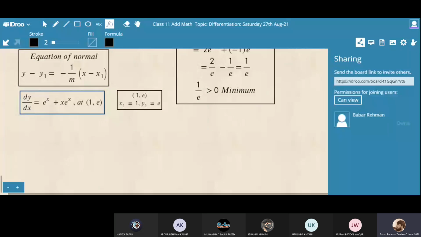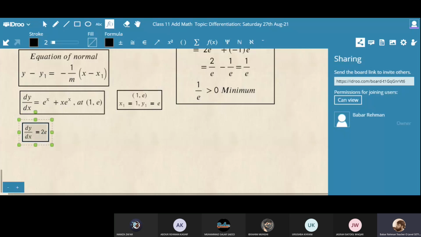And if you put the derivative over here, what derivative will you get? 2e, right? The derivative will come 2e. After inputting the value into dy by dx, you will get 2e.